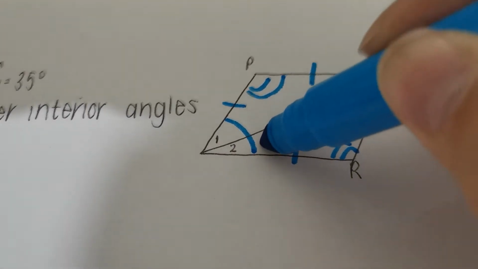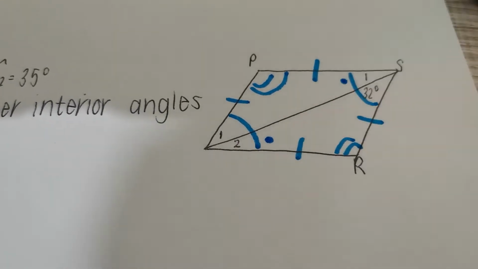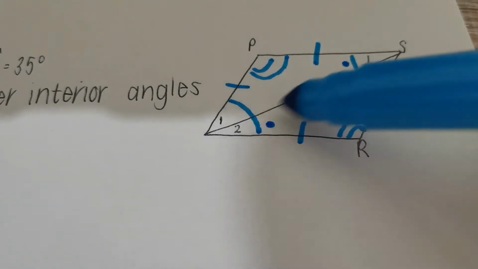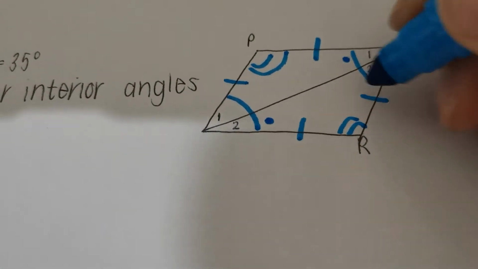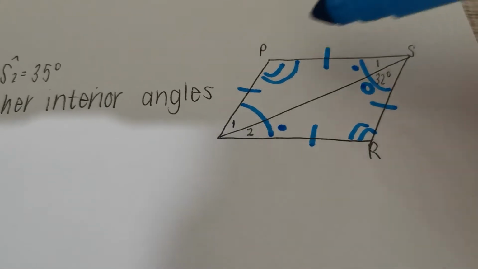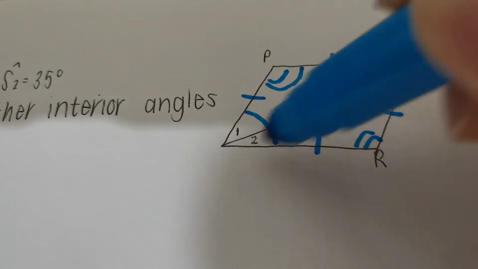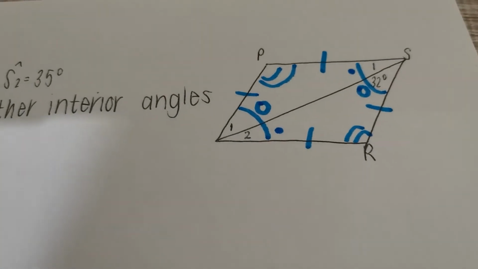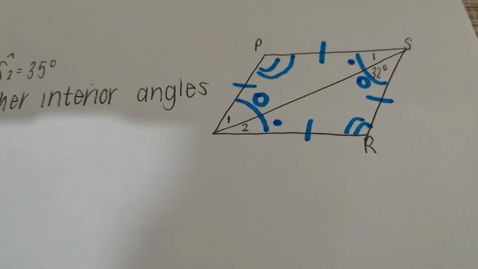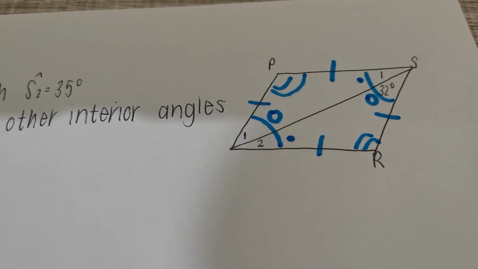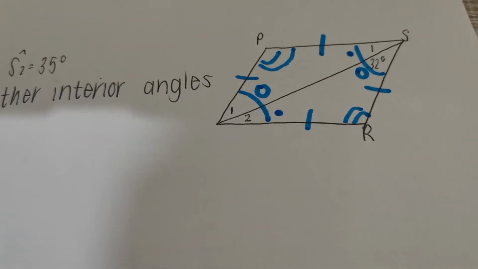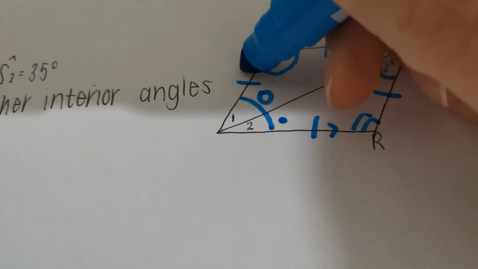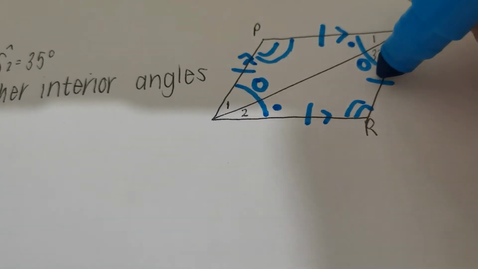So this angle here is going to equal that one over there, right? And if we go the other direction, so you follow with me like that, this one over here is going to equal this one over here, like that. We know that the sides are parallel, so let's fill that in: that side is parallel to that side.